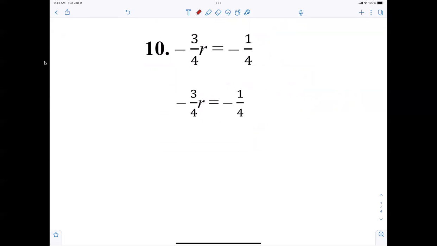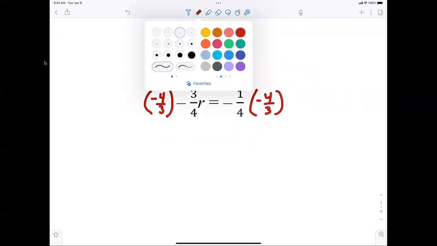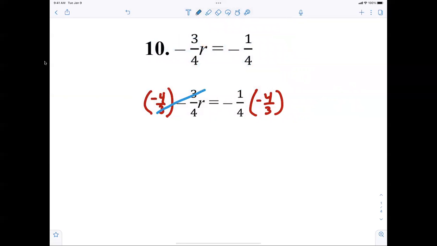You're doing the reciprocal. What is the reciprocal of negative 3/4? Nope, the sign stays the same. Negative 4/3. Yep, you're going to write negative 4/3 right next to it. And what you're supposed to see is the 3's cancel and the 4's cancel.